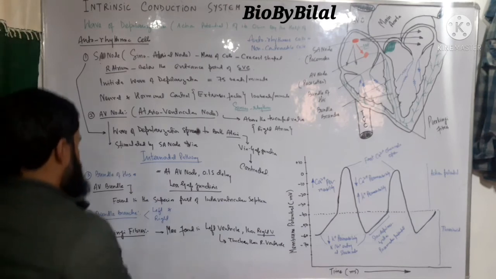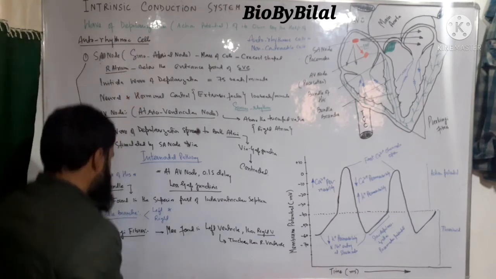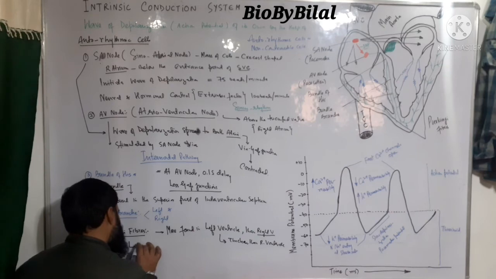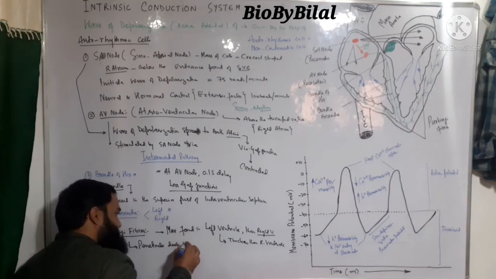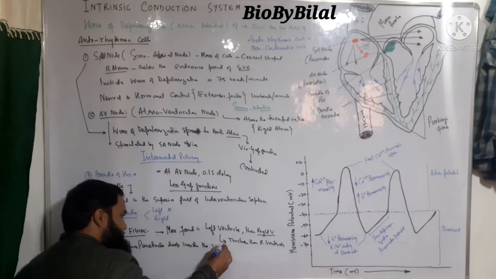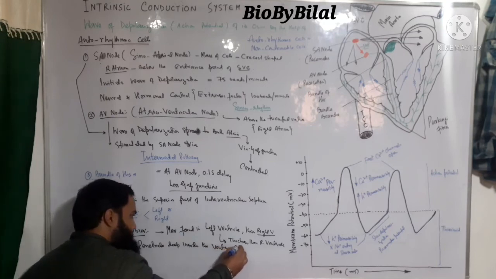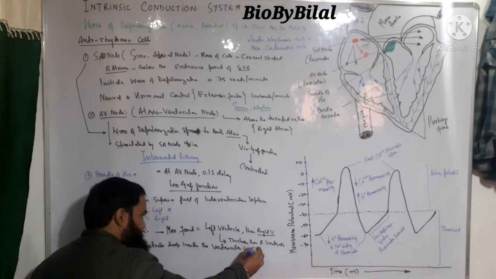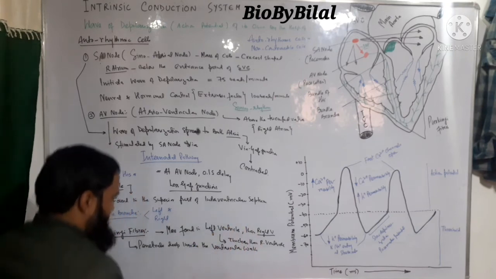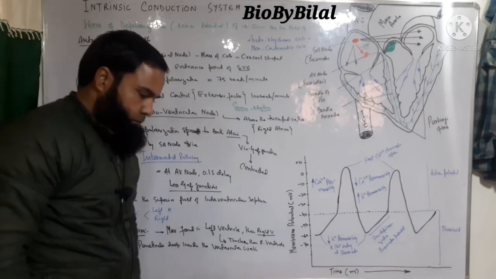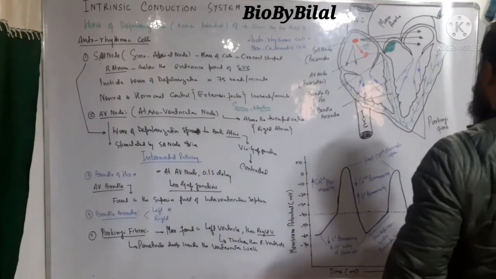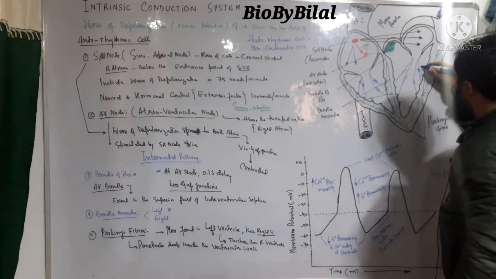And these Purkinje fibers penetrate deep inside the ventricular walls so that the contraction takes place. Again, in the ventricles there are cells.